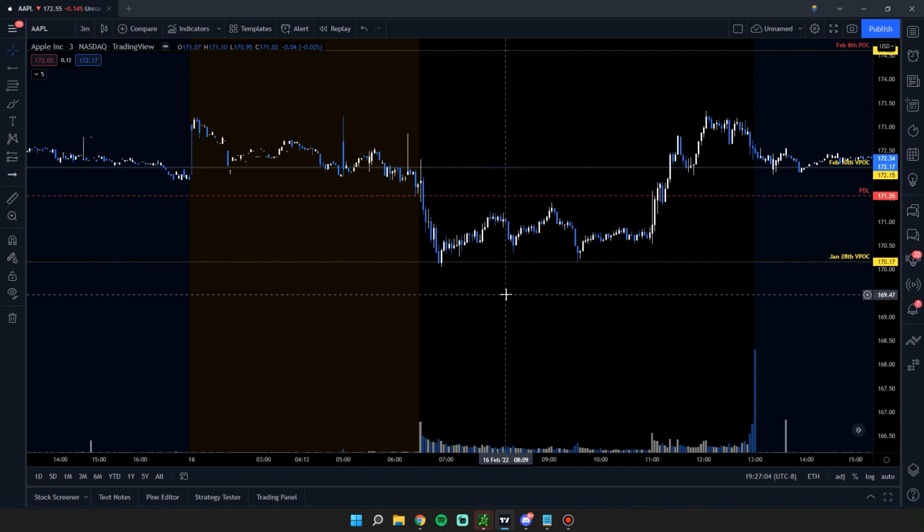And I gave back, I want to say 2.5% of my gains on the day. I ended the day today 2.5% in the green, where I originally was finished trading. I was 5.5% or 5.4%. I don't remember the exact number, but right around that range there, up on the day.